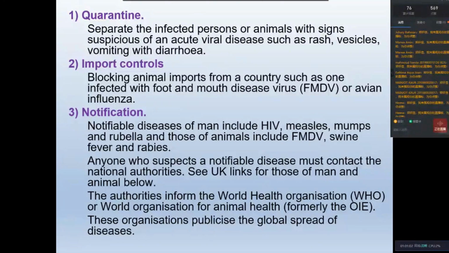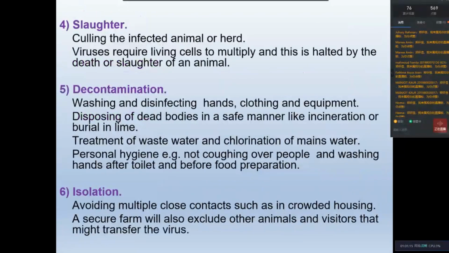First, we don't have enough medicine. Those medicines are not specific for viral infection. We can only give them some supporting treatment. Or for some viruses, we can give them a cocktail like for HIV infection to inhibit the viral replication, but we cannot cure the HIV infection.